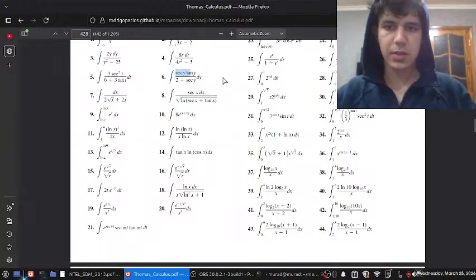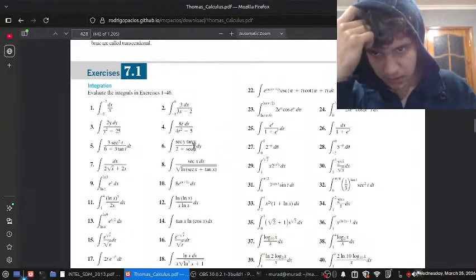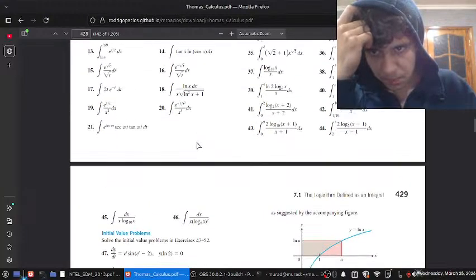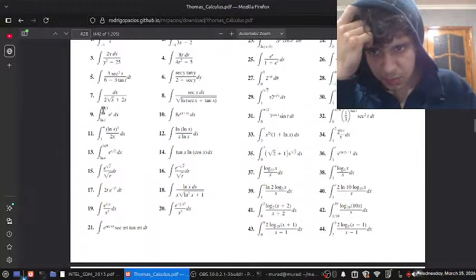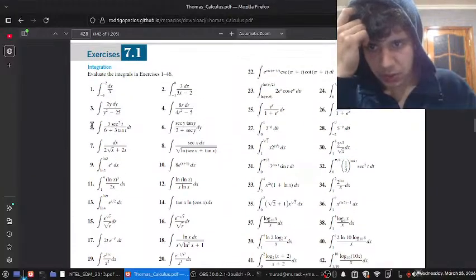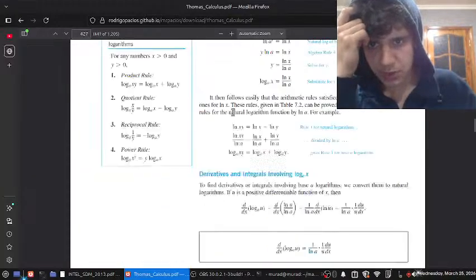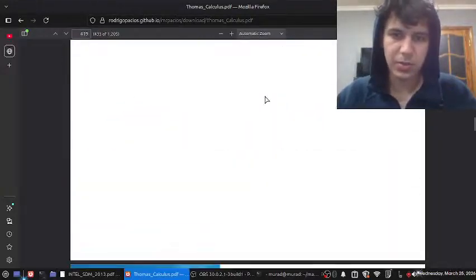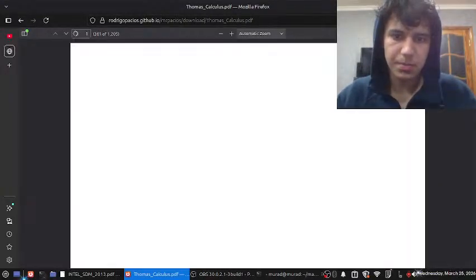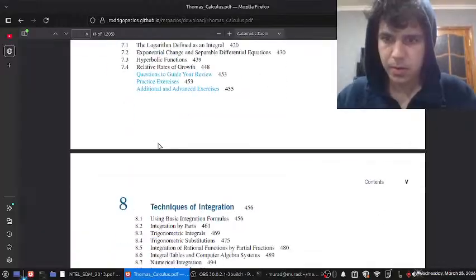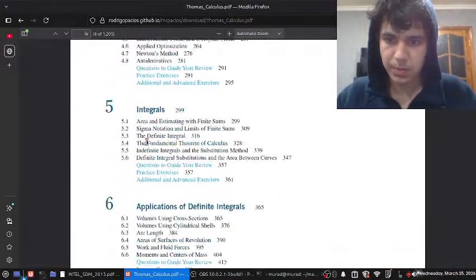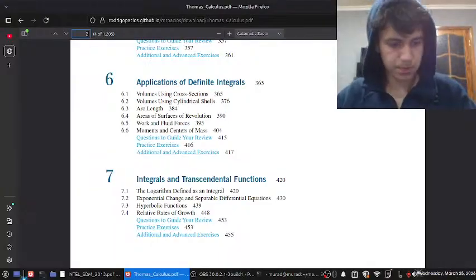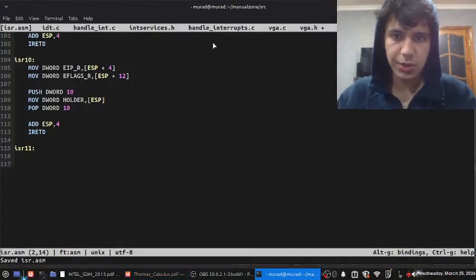Oh, I can do it. This is a proper integral. This is called proper integrals. Wait, I know the basic integrals. Where is integrals? The integrals start from here.